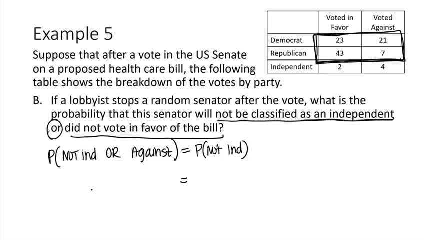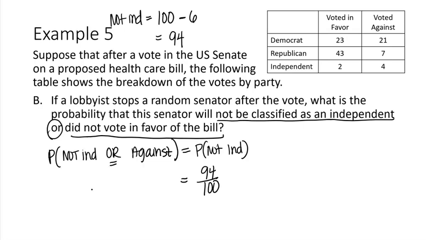Now, if I am not independent, it might be easier here to take my 100 people and remove the 6 that were independent. That's where that complement rule could come in handy. If I'm looking at not being independent, take your total of the 100 and remove the 6 independents, giving you 94 out of 100.